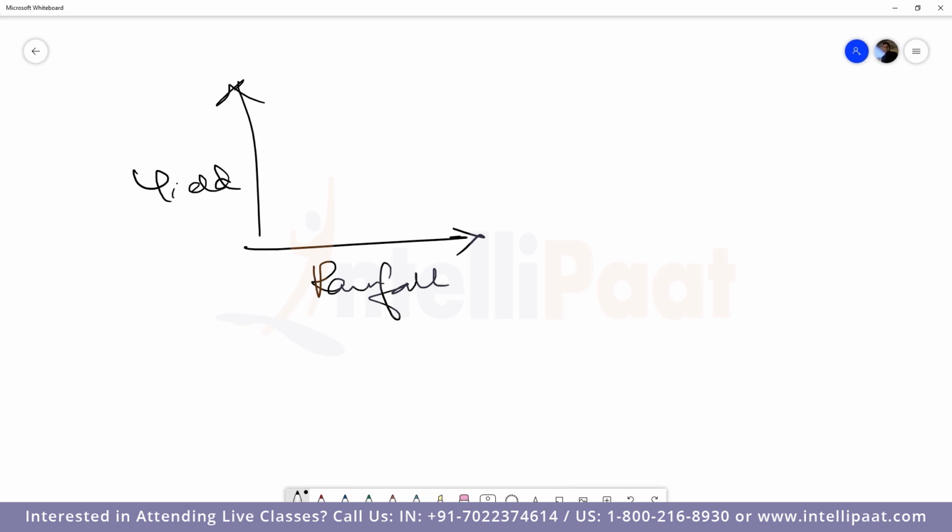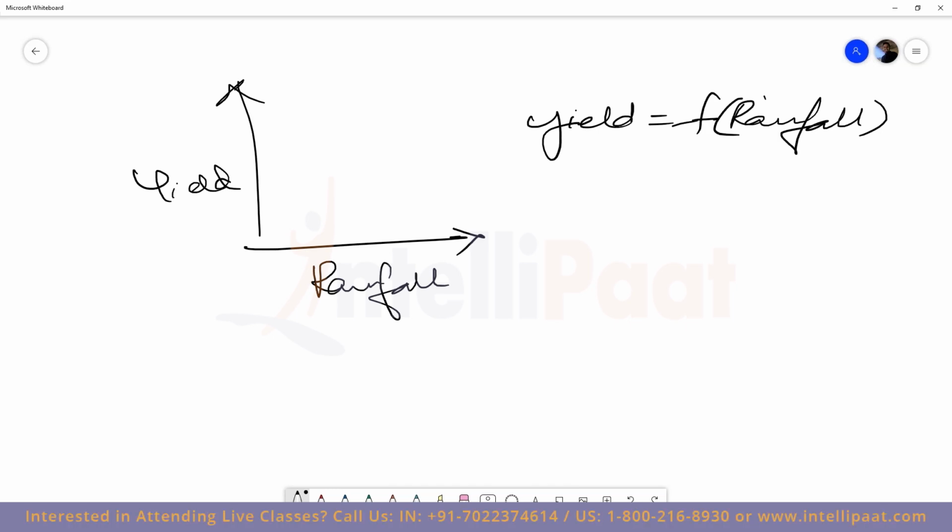So let's solve it with a single variable, and with my limited understanding about how agriculture works, I am hypothesizing that yield can be predicted as a function of the amount of rainfall that we see. This is not a bad hypothesis, to be honest. This is a simple function, to say the least. But of course, I need to validate this particular hypothesis.